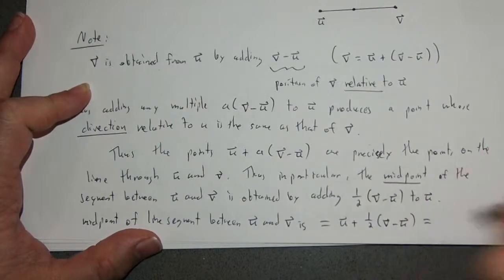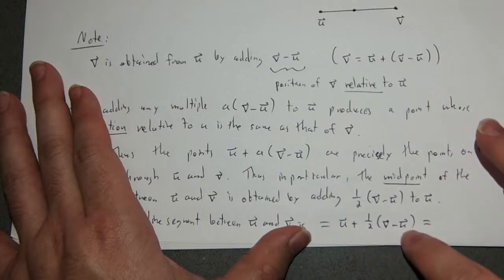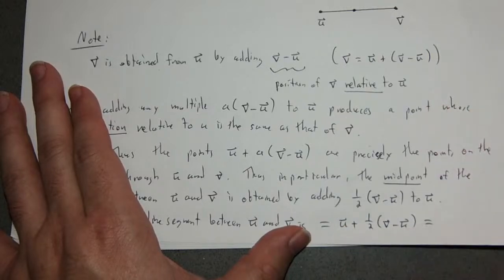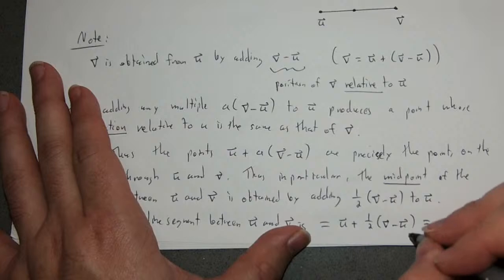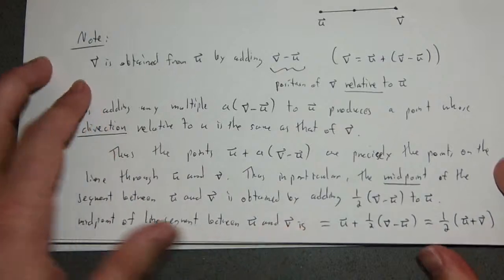But using our vector space axioms, it's 1/2 v minus 1/2 u. So u minus 1/2 u, that's 1/2 u plus 1/2 v, or 1/2 (u plus v).